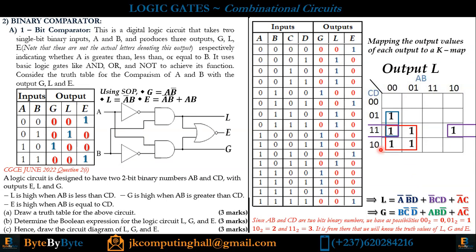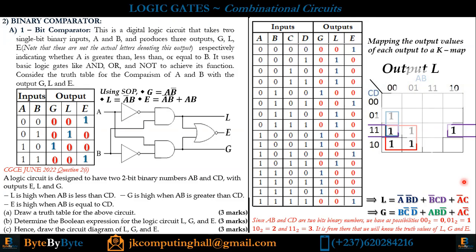The green one now, when you compare these two, you realize that A is unchanged because it is 0, whereas B is changing from 0 to 1. When you look at these two, realize that C is unchanged, whereas D is changing. That is how we obtain A bar C. That is the logic expression for L.